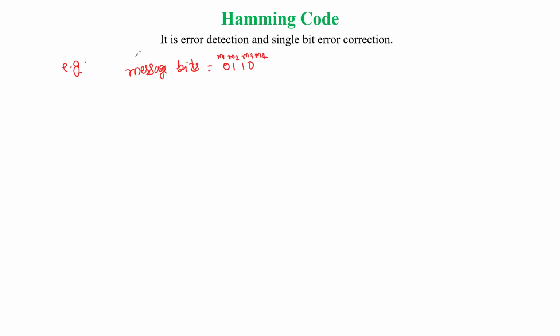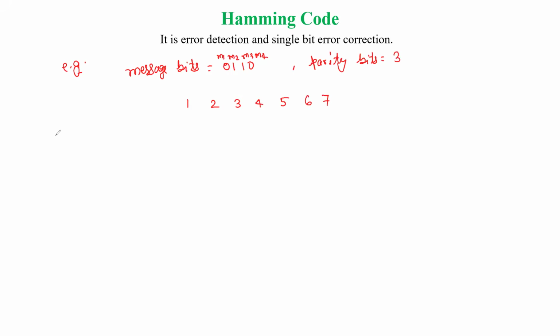Now, since we have 4 message bits, how many parity bits will there be? How many? 3. So 4 plus 3, a total of 7 positions: 1, 2, 3, 4, 5, 6, 7.